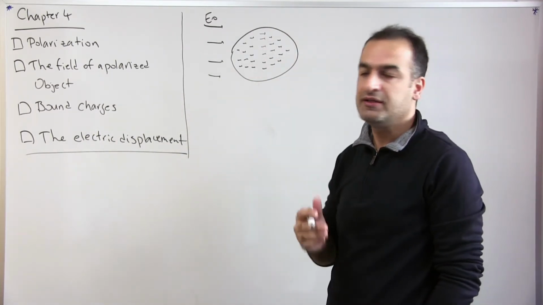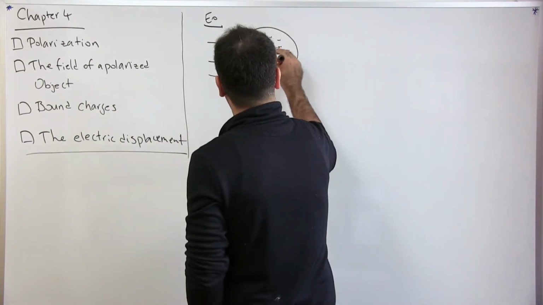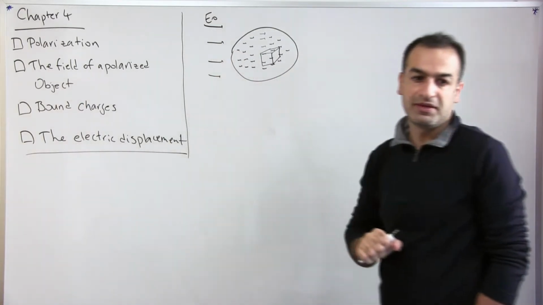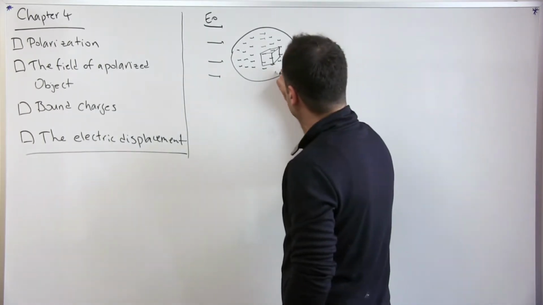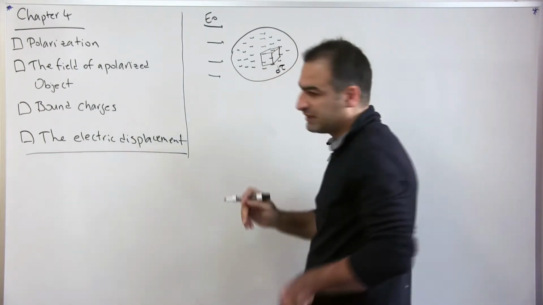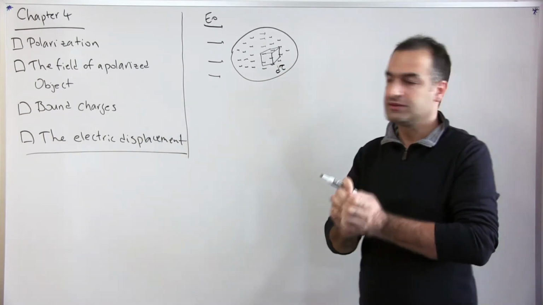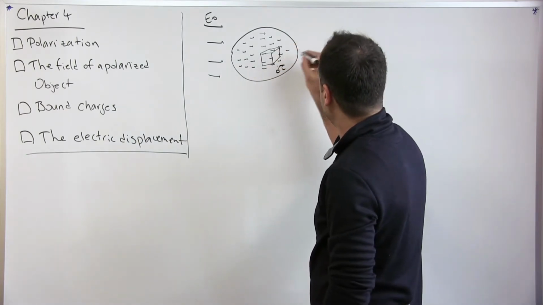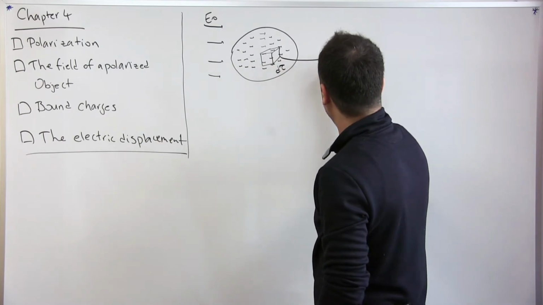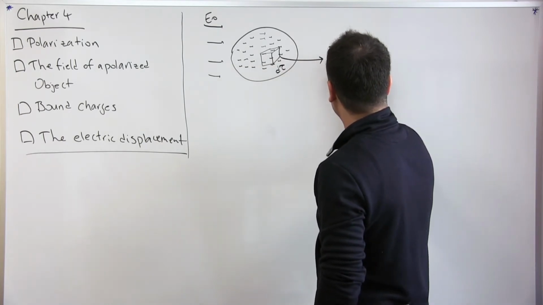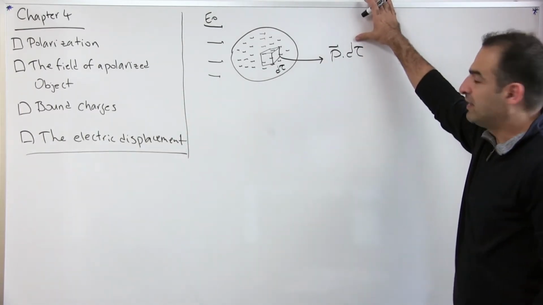The way we quantify that polarization is this. Imagine you pick up a small volume, d tau. As a whole it carries a dipole moment, because it is made of many dipoles. So we say the dipole moment is P, this vector that I'm going to define in a bit, times the volume.